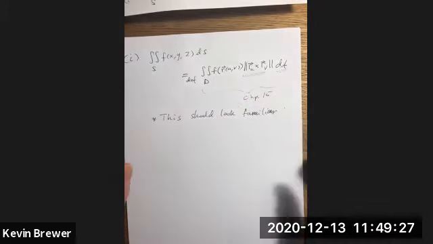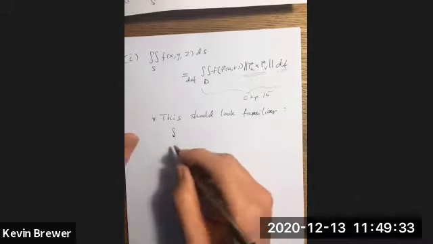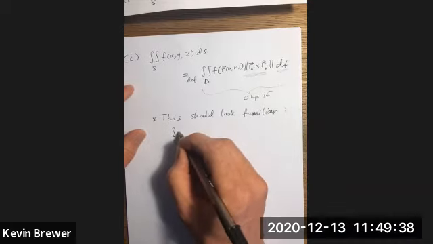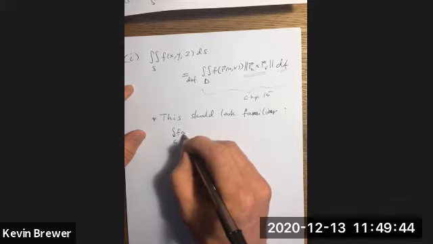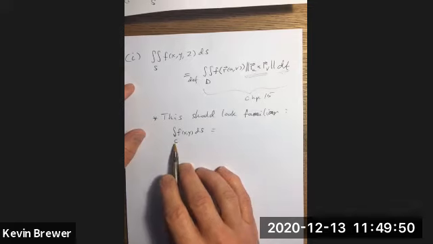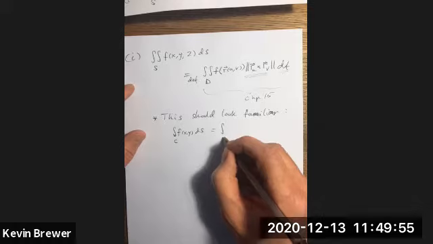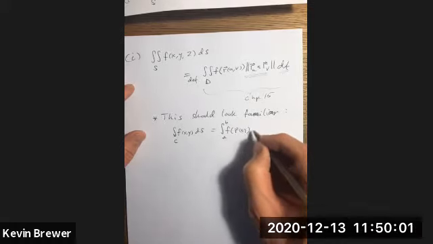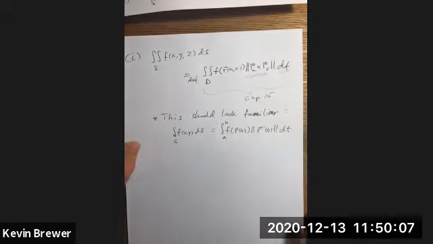Well, go down a dimension, and I won't take time to introduce all of the formal notation, but recall the integral of f of x, y ds, the integral of a scalar over a curve, not a surface, was the integral from a to b of f of r of t times the magnitude of r prime of t dt.